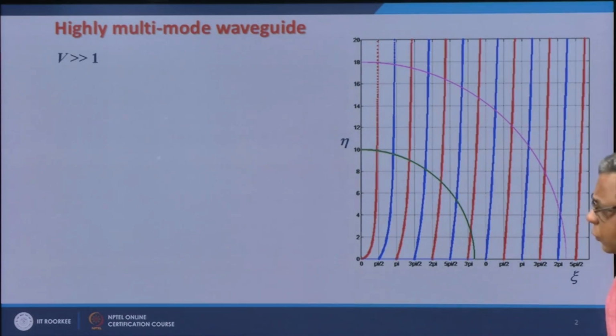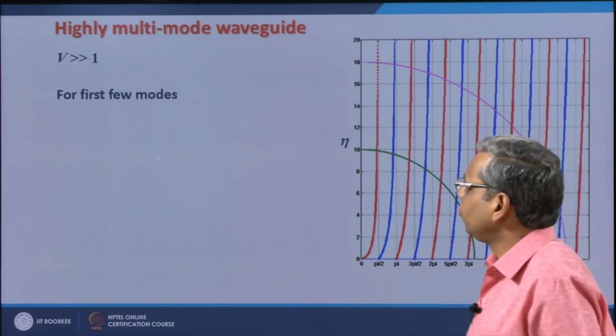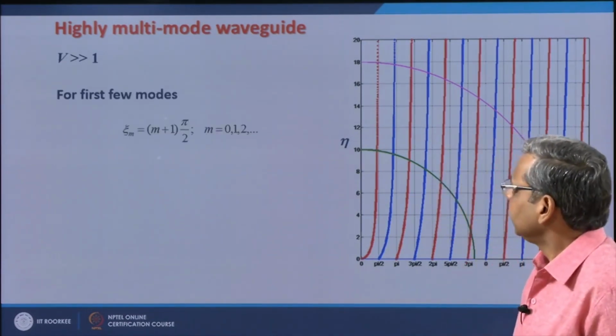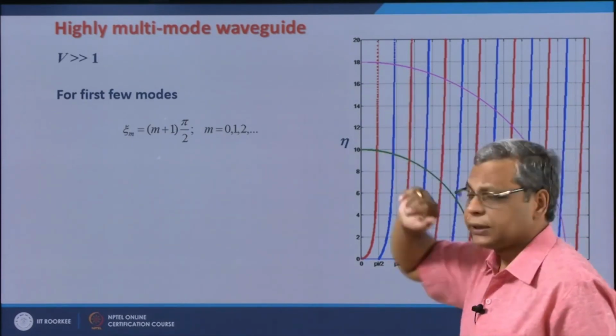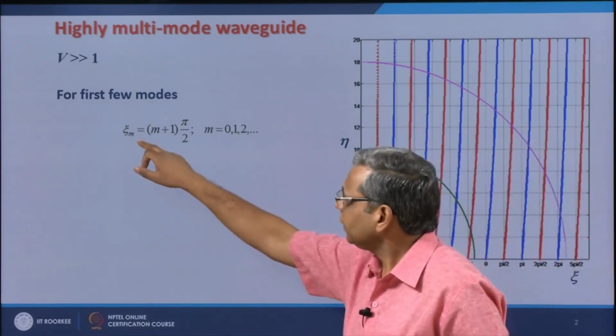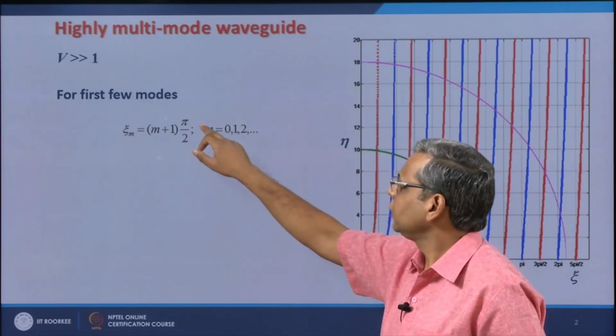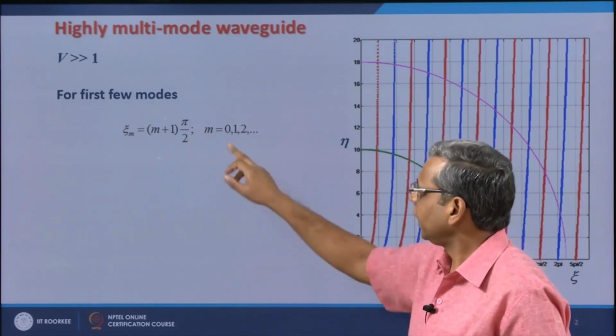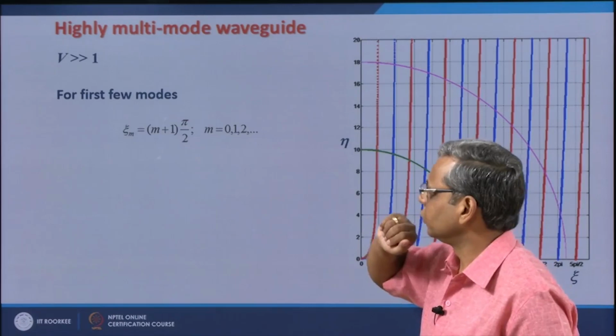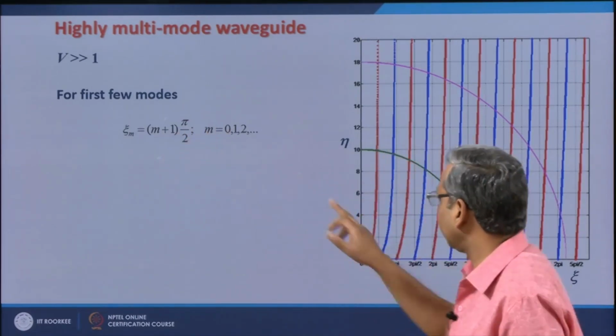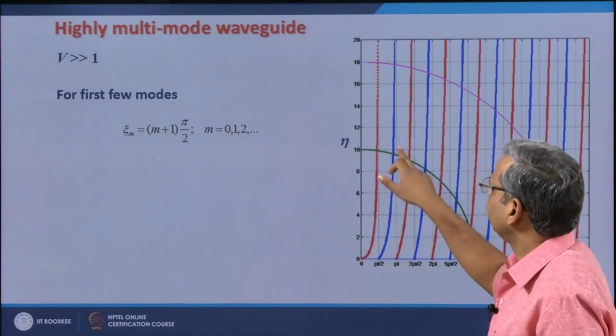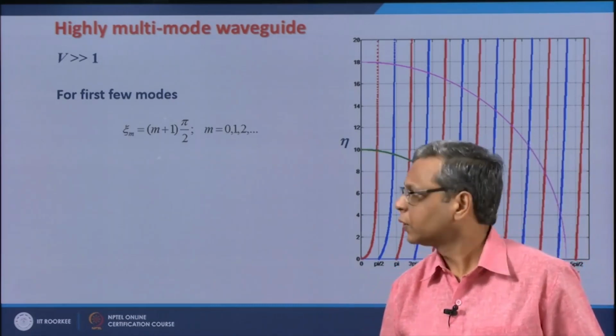So, for the first few modes, the points of intersection can be given by xi m is equal to m plus 1 pi by 2, where m is equal to 0, 1 or 2. For m is equal to 0, it is pi by 2, for m is equal to 1, it is pi, and so on.